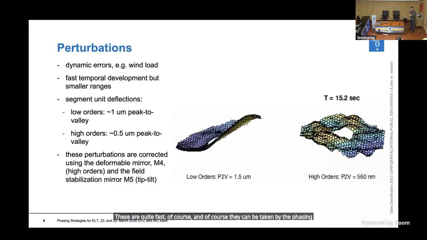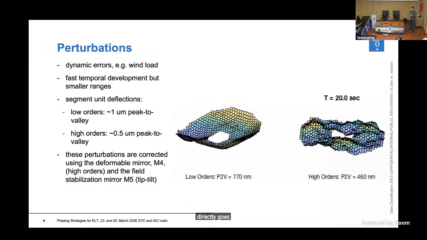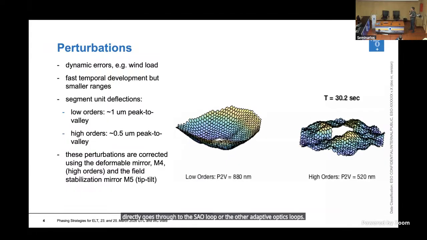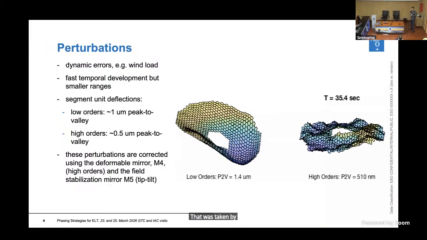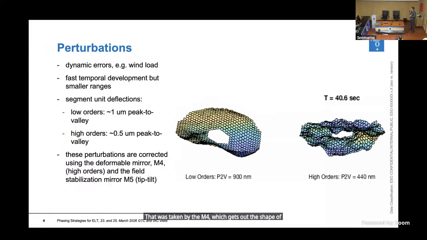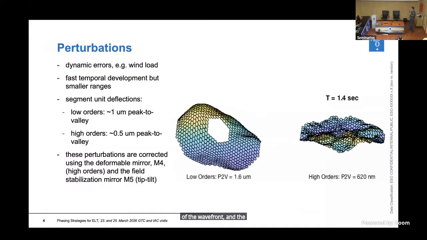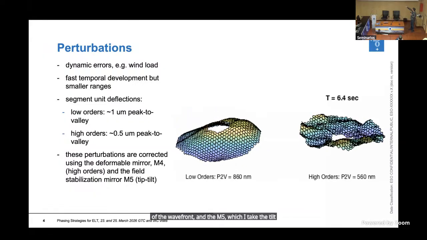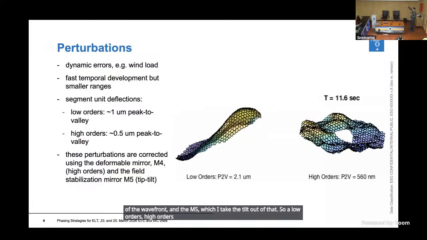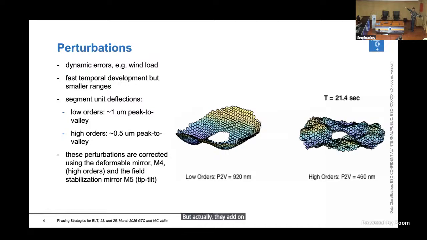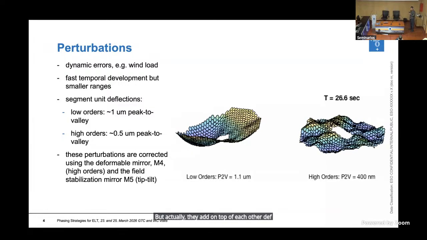This goes directly to the SCAO loop or the other adaptive optics loops, and is taken by the M4, which takes out the shape of the wavefront, and the M5, which takes the tilt out of that. So low orders, high orders, printed not to the same scale, but actually they add on top of each other. Deflections are of the scale of microns.